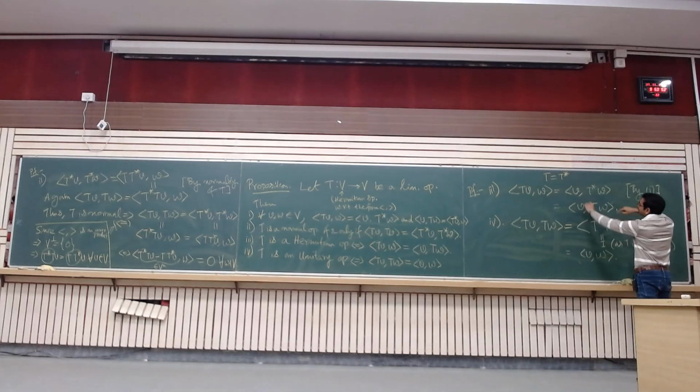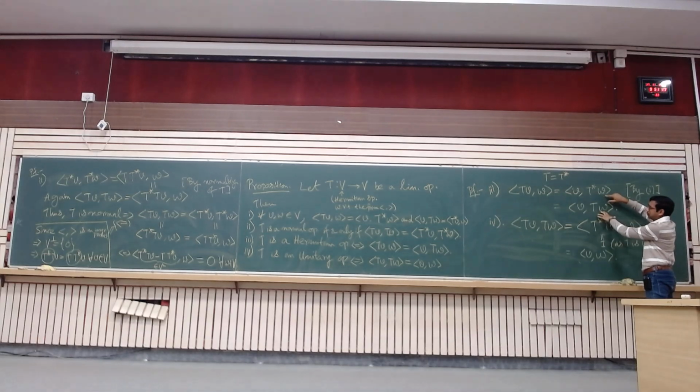That is, the product of V with T star W minus TW is 0 for all V. Should we write it down? It's understandable, right? From the equality of this and this, you are getting that T star W minus TW is perpendicular to the entire vector space V. So this minus this should belong to V perp.